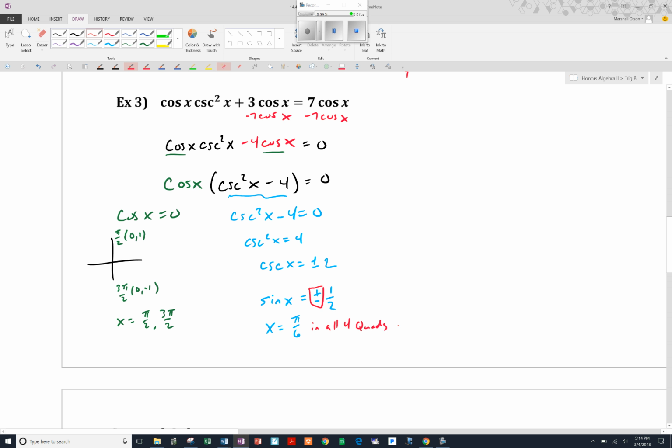Okay. This hasn't happened in any of these problems yet, but let's just say we didn't take the square root, and let's just say this would have been negative, as an example. Then your answer would have been pi over 6 as a reference angle wherever sine is negative, which is anywhere in the third or fourth quadrants.